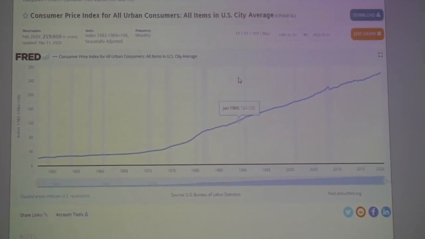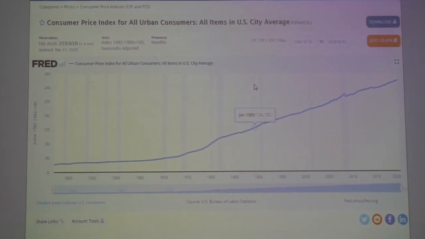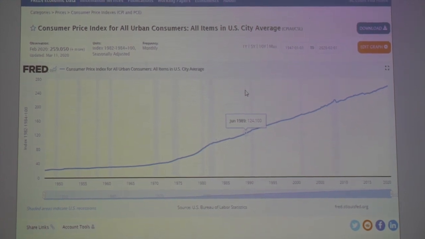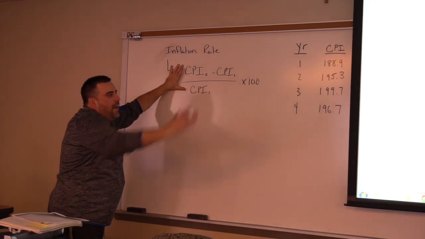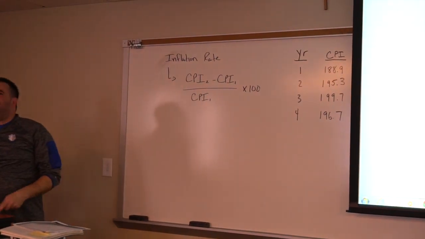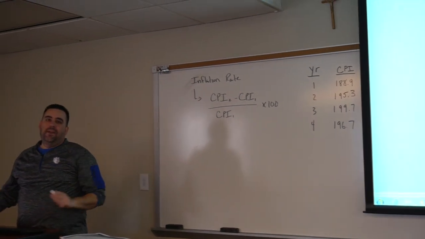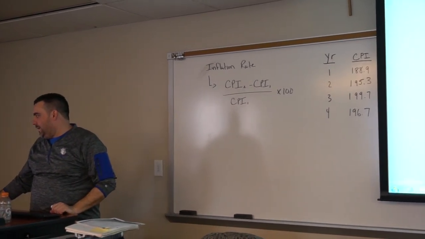I think we all have expected this. So what I did is I applied our CPI inflation rate formula, the one right over here on the board. I applied it to all of the values in this chart. I did annualize it, so remember like before how we would go in and edit our graph and make it annual. I did that just to make it a little bit smoother and easier to see.